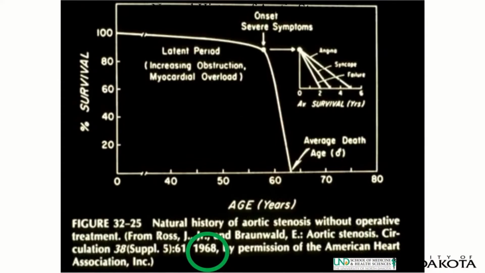Interesting thing on this slide is look when it's from. This was reported in 1968. The data are still true today, that if you don't treat symptomatic aortic stenosis, that's what happens.